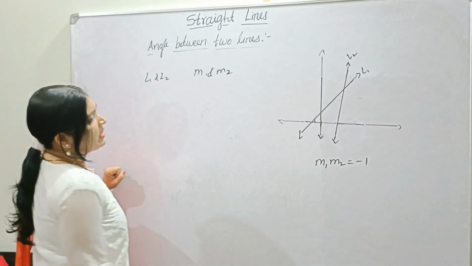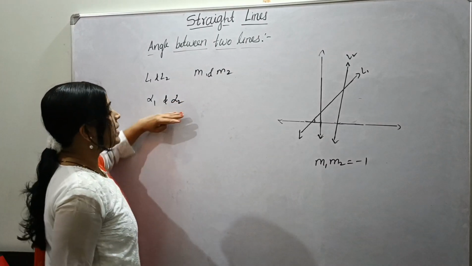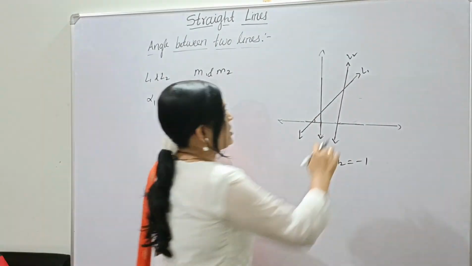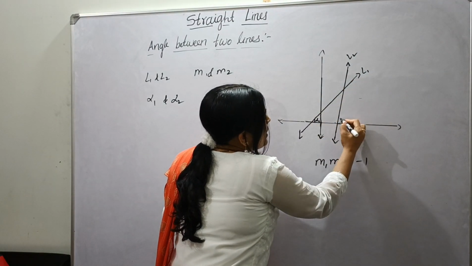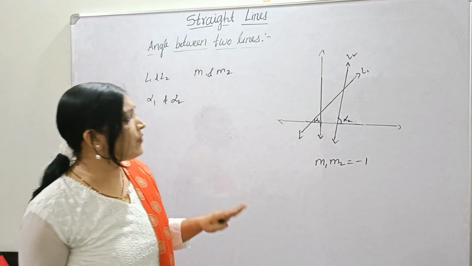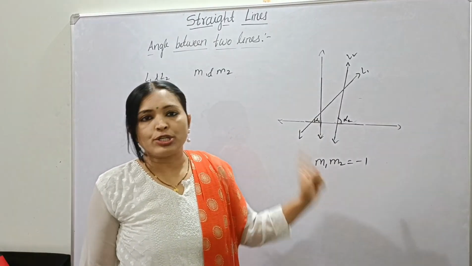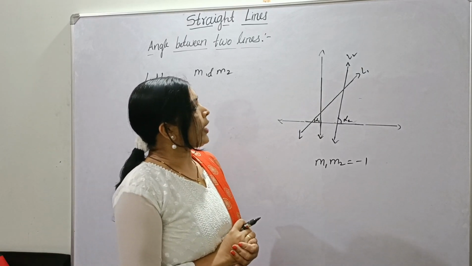And let alpha 1 and alpha 2 be the inclinations of the lines L1 and L2 respectively. So the inclination of L1 is alpha 1, the inclination of L2 is alpha 2. Alpha 1 and alpha 2 are the angles made by the lines L1 and L2 respectively with the positive x-axis direction.